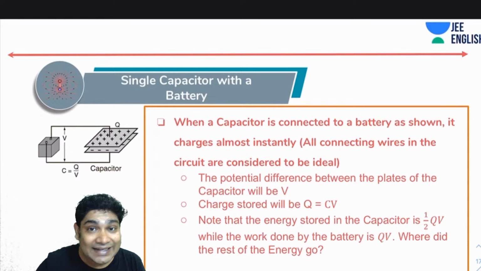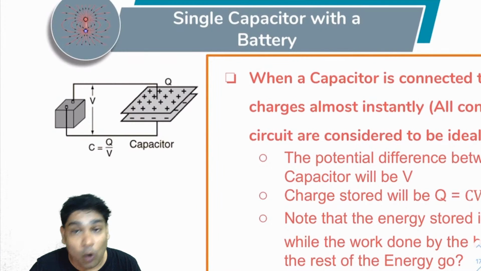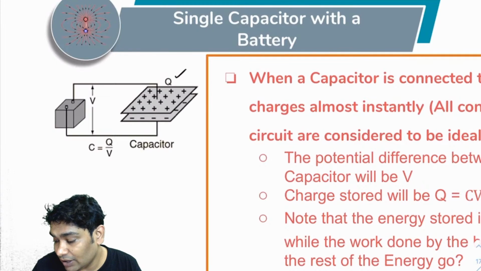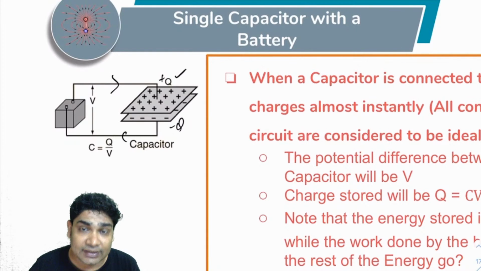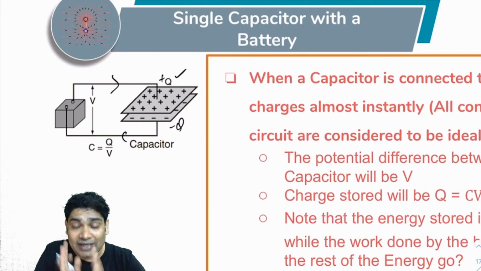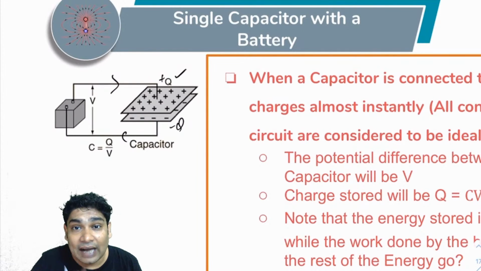So what you will see is that the moment you connect this capacitor to a battery, it almost gains this charge instantly. This plus Q and minus Q would start flowing, and almost instantly you see that the charge has stopped flowing and the capacitor has become fully charged. Here I am taking an ideal situation.